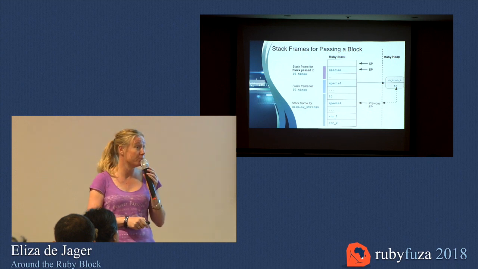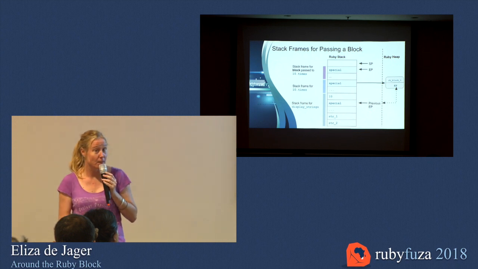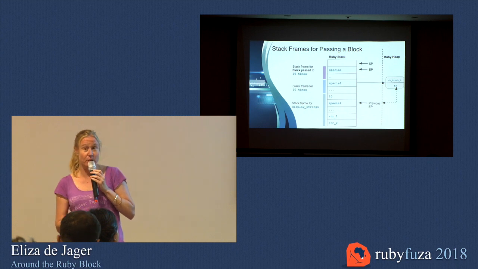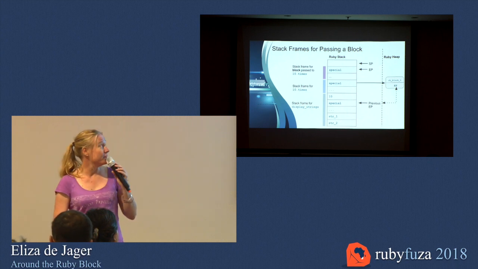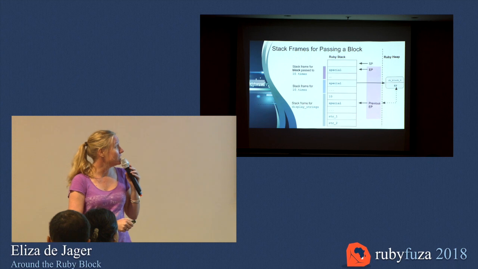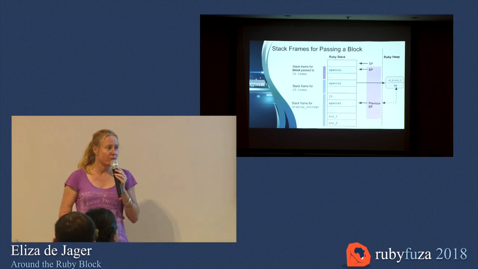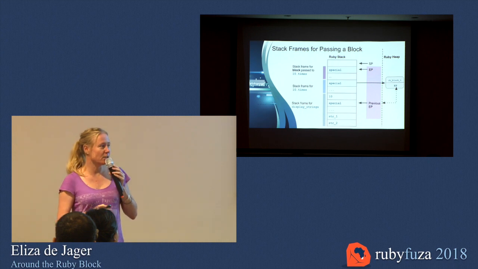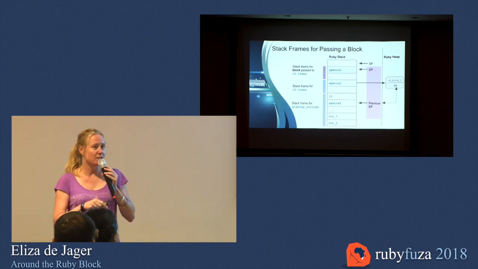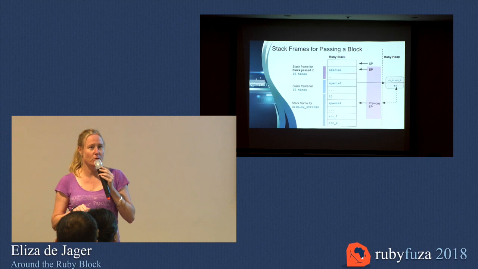Okay, now you'll notice when I did that, I didn't delete the old environment pointer. I actually just renamed it to previous EP. And the reason I did that is because in the background, what Ruby does is it creates a kind of ladder of environment pointers over here that gets used whenever you try and access variables inside the block that were actually defined in the surrounding scope of the block or even in surrounding nested parent scopes.